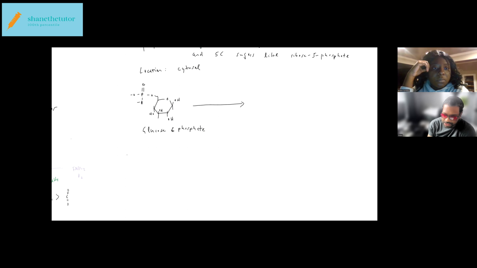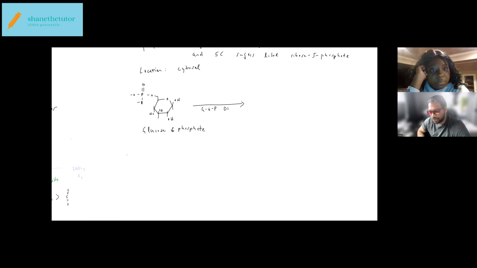So for this glucose 6 phosphate, we're going to oxidize it, and we're going to use glucose 6 phosphate dehydrogenase.